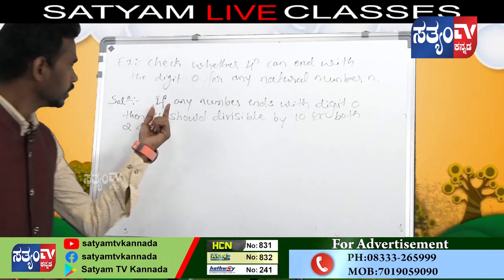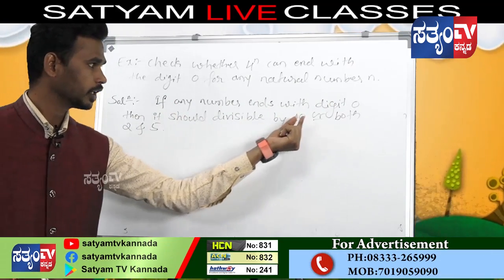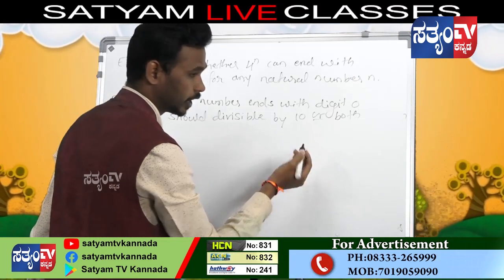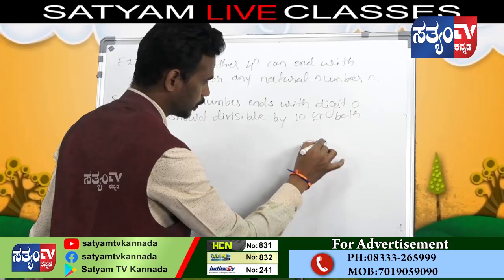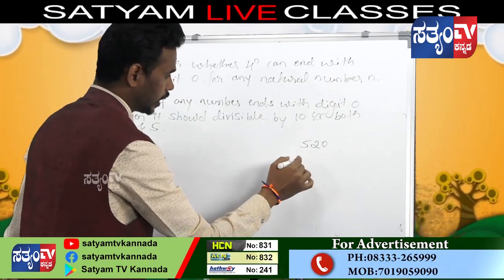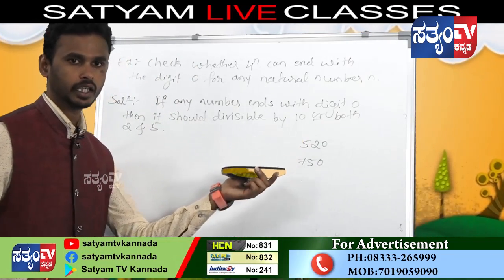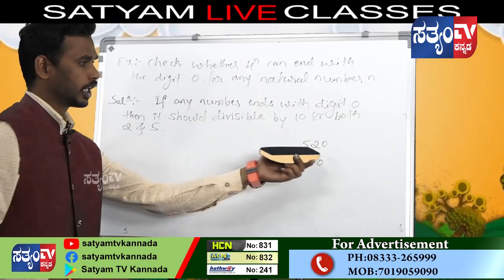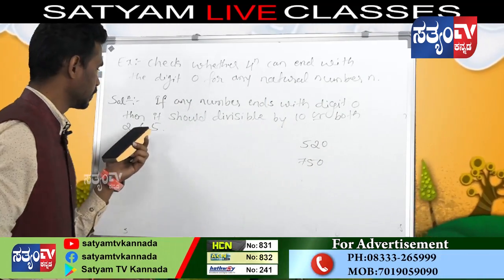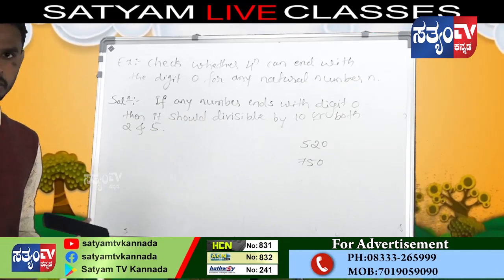For example, 520 ends with 0, so it is divisible by 10. Next take 750, it ends with 0, so it is divisible by 10. If it is divisible by 10, it should be divisible by 2 and 5, because 10 is the product of the factors 2 and 5.